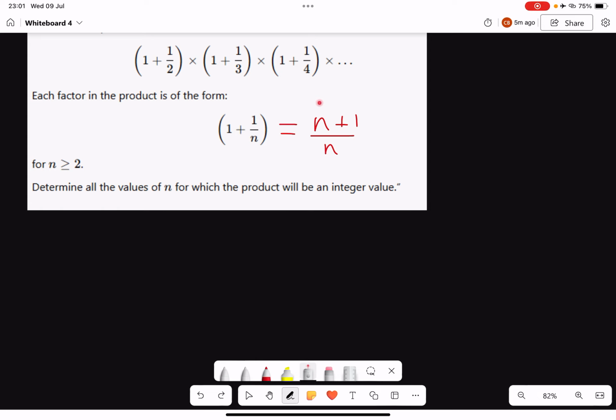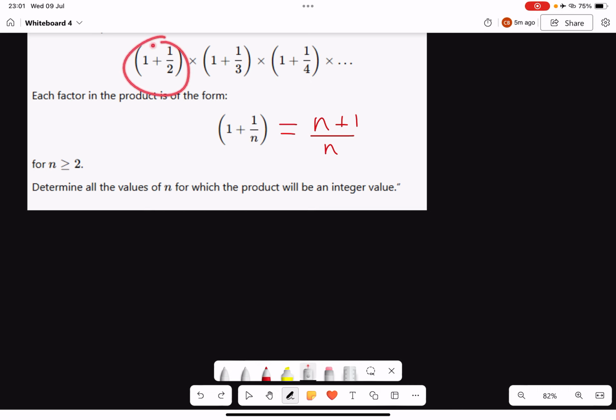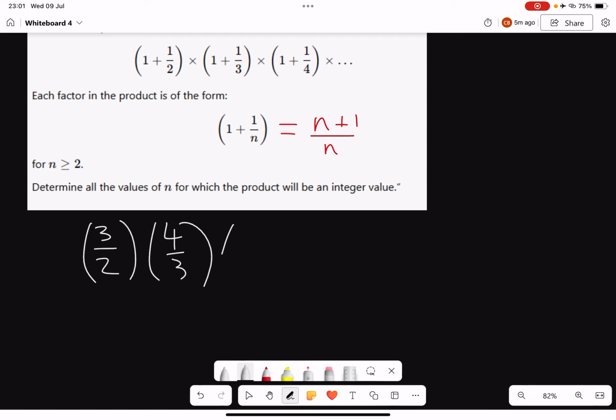So ladies and gentlemen, let us write out these terms. This first one is going to give us 3 over 2. The next one is going to give us 4 over 3. The next one is going to be 5 over 4.